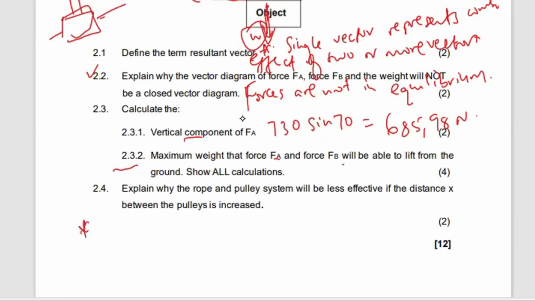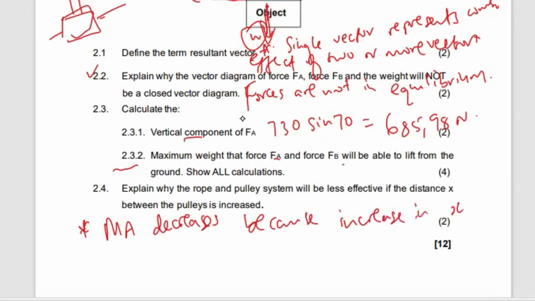So what we're going to say is that the mechanical advantage decreases, because increasing X is going to reduce the vertical component.